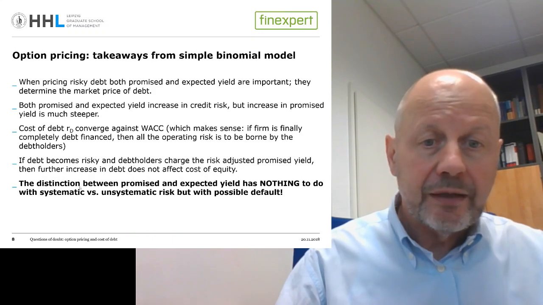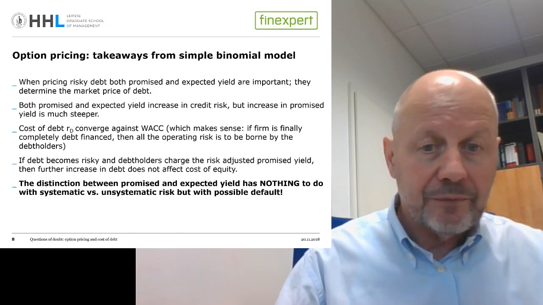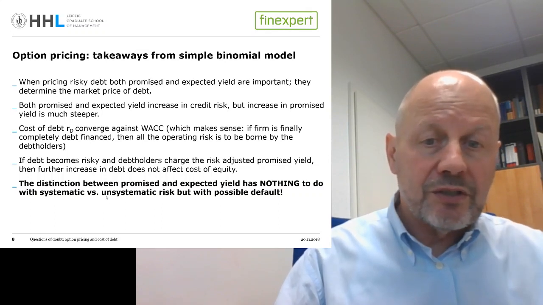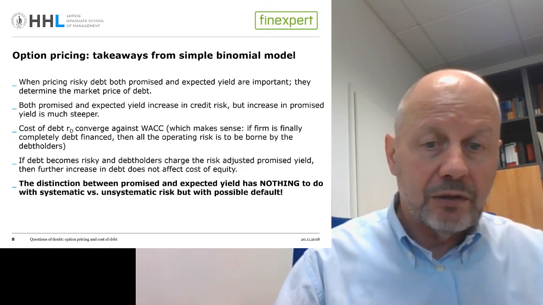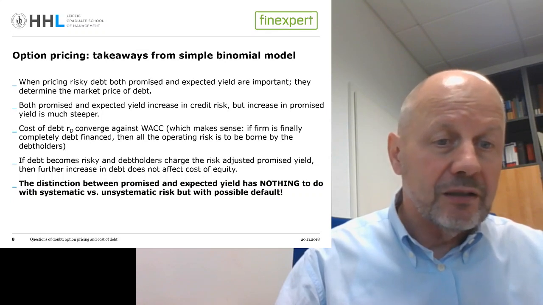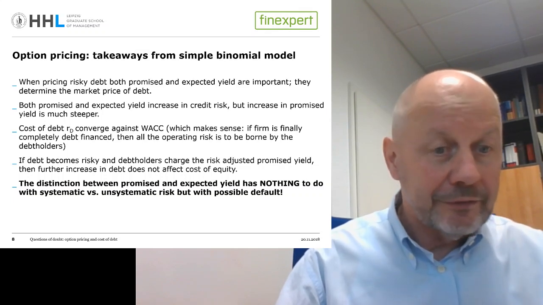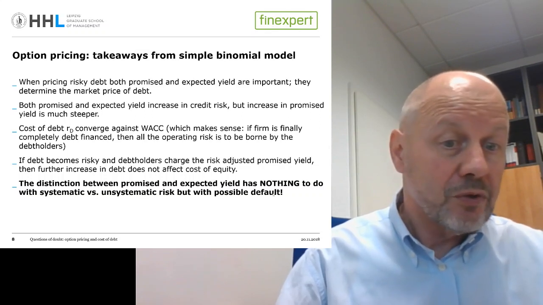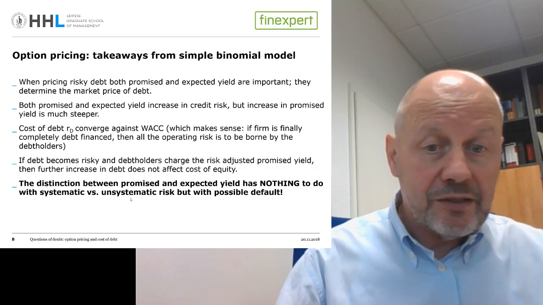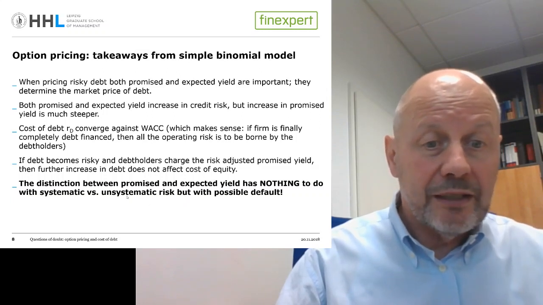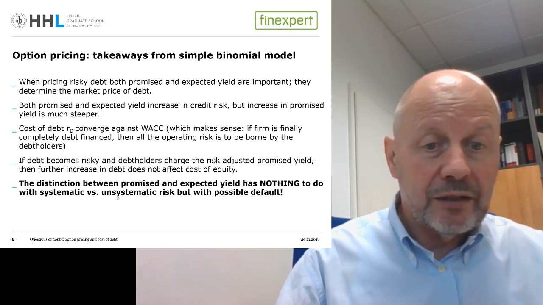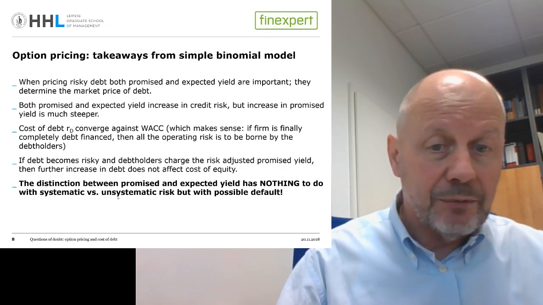And finally, and this is a very personal view, the distinction that we just have seen, based on our option pricing model, between promised and expected yield has nothing, and again nothing, to do with any distinction between systematic and unsystematic risk. It has to do with possible default. So this is not related to any degree of diversification of any of the investors, debt holders and equity holders.